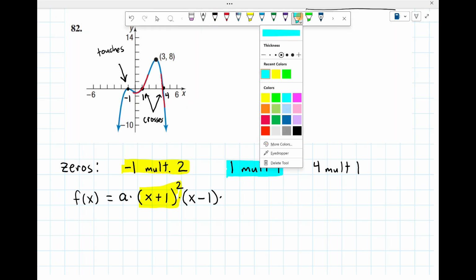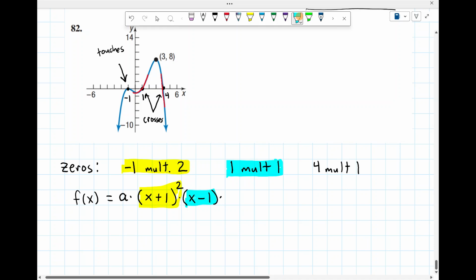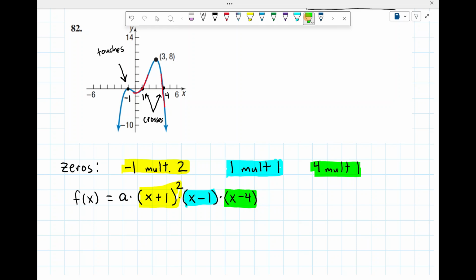Similarly, since our 0 is +4, our last factor is x minus 4. And again, since the multiplicity is 1, our exponent will be equal to 1, and we aren't going to write 1 down.